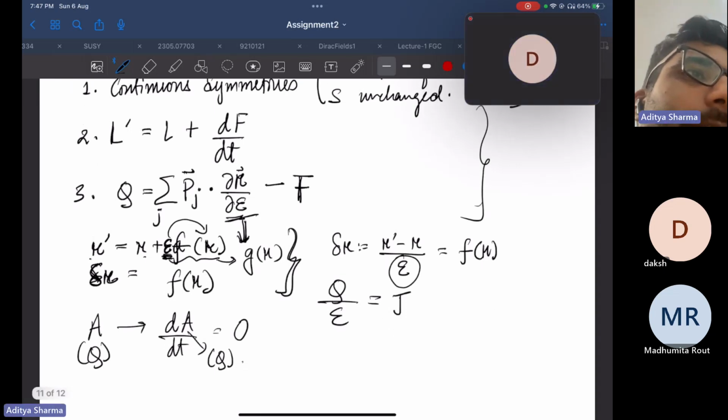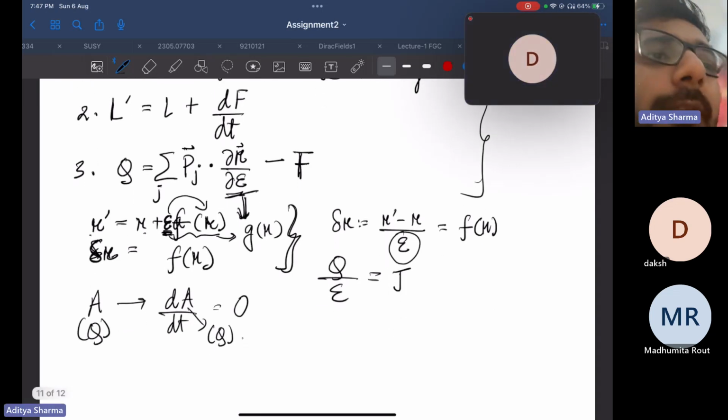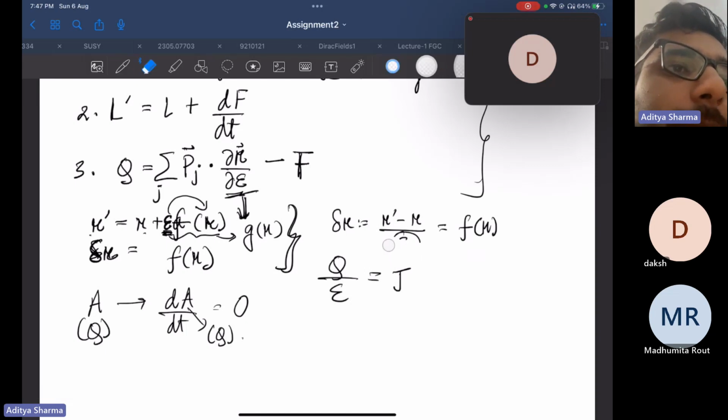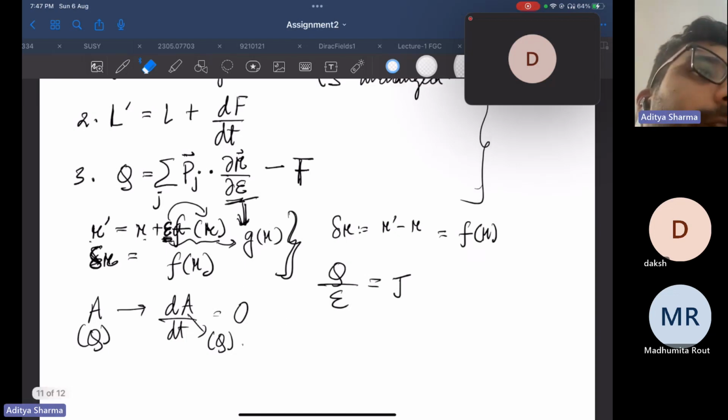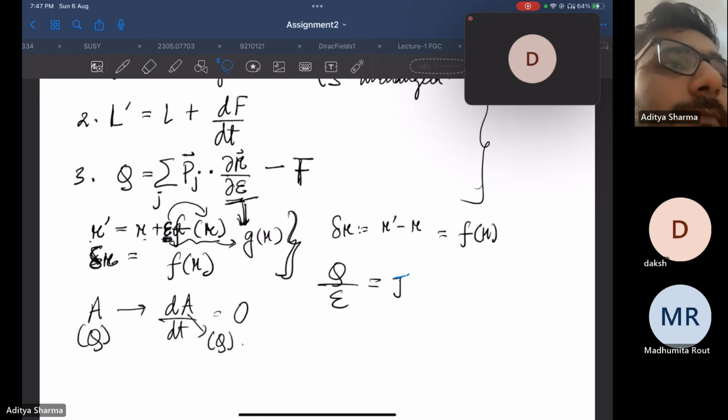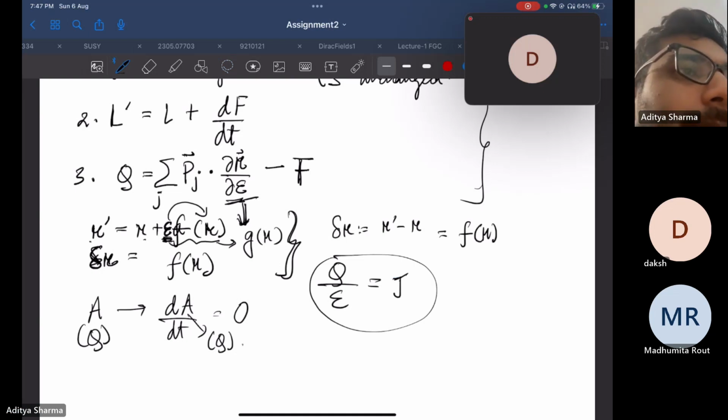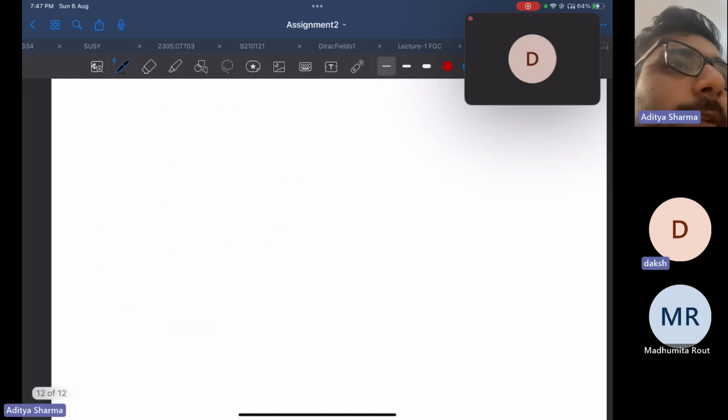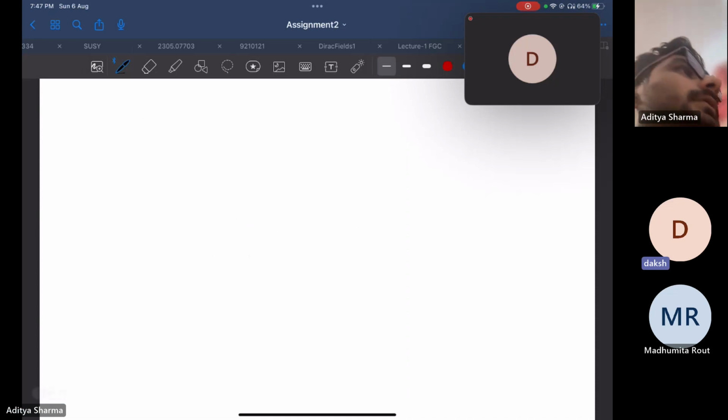Because there's always this notational problem. Some books write this epsilon, but in the last answer you won't have this epsilon in the constant because you can always do this kind of thing. Okay, is it cool? Yeah, it's fine.